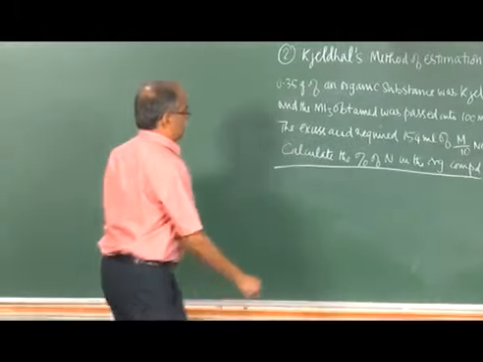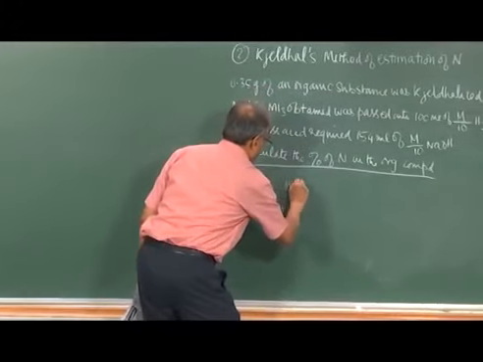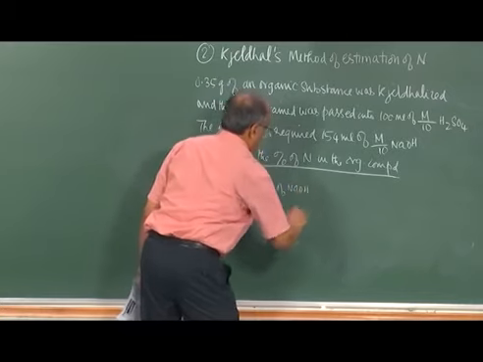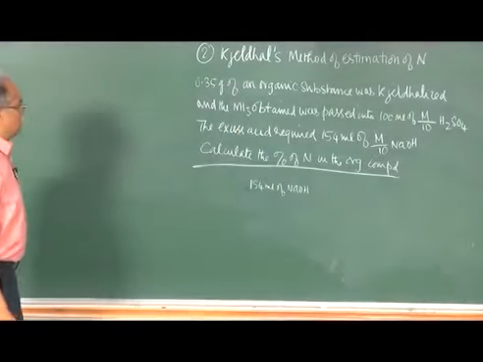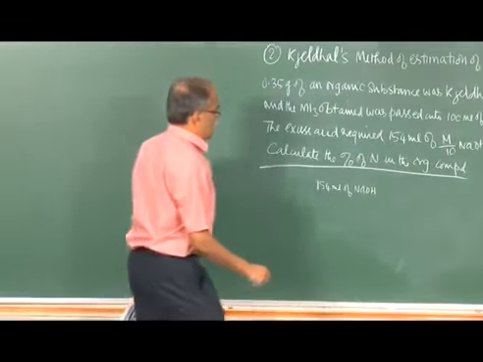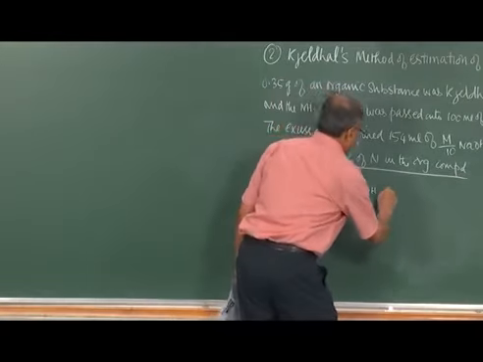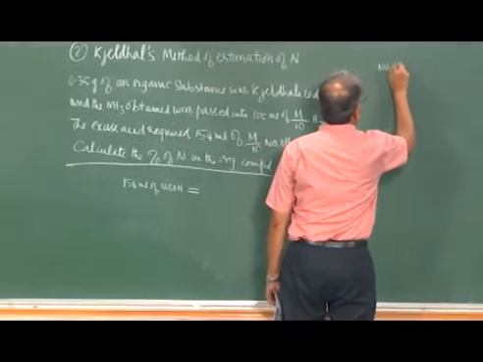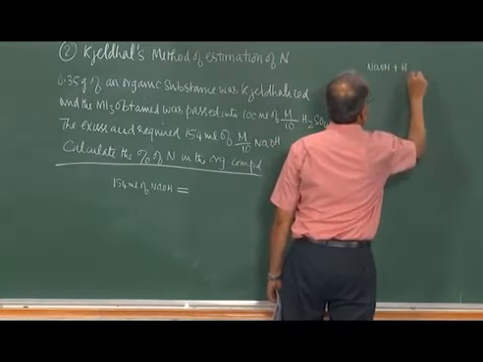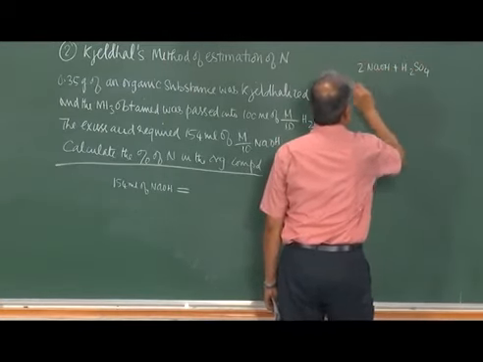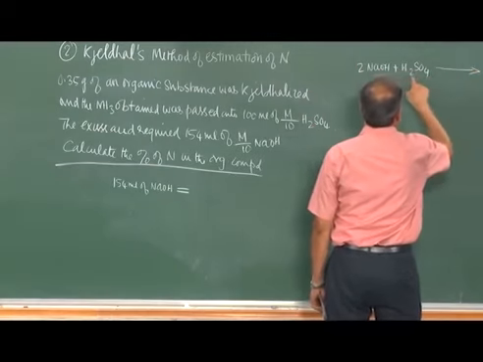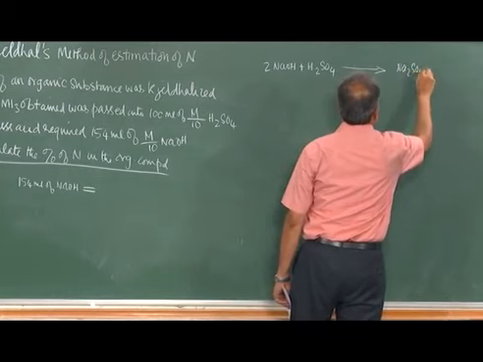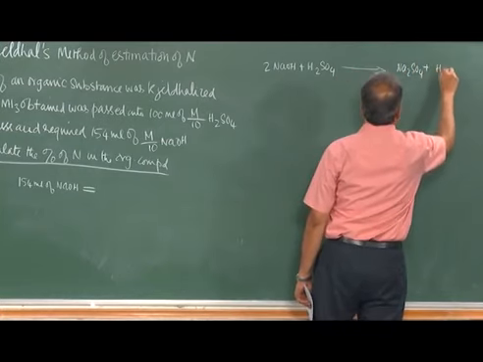Now you start from here: 154 ml of sodium hydroxide, which is needed for removing the excess acid. If you take sodium hydroxide plus H2SO4, you need two equivalents of sodium hydroxide because this is a dibasic acid, giving Na2SO4 plus 2H2O.